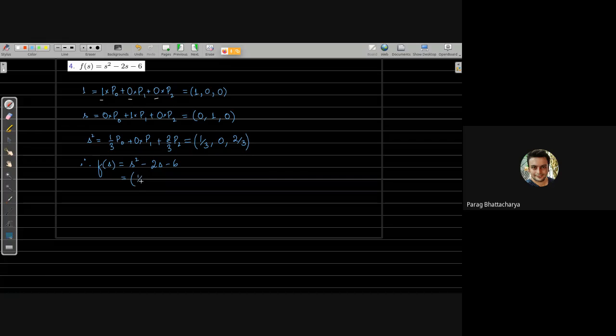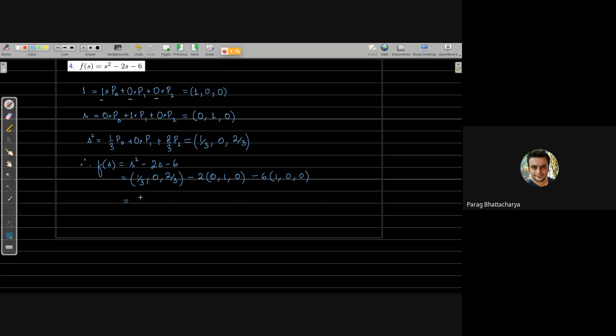So 1 by 3, comma, 0, comma, 2 by 3. This is your s square minus 2 into s. And what is s? S is 0, 1, 0. And minus 6 into 1. 1 is 1, comma, 0, comma, 0.